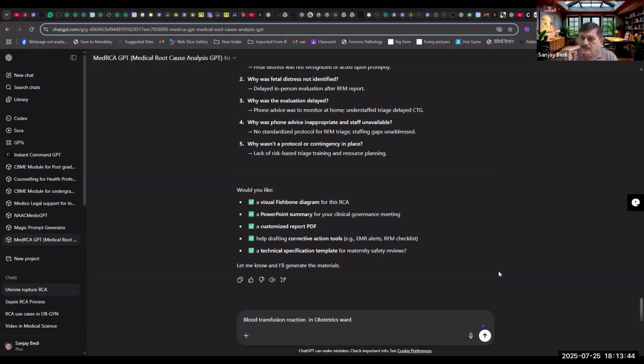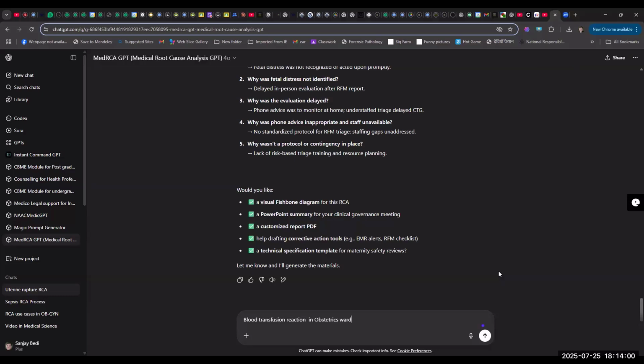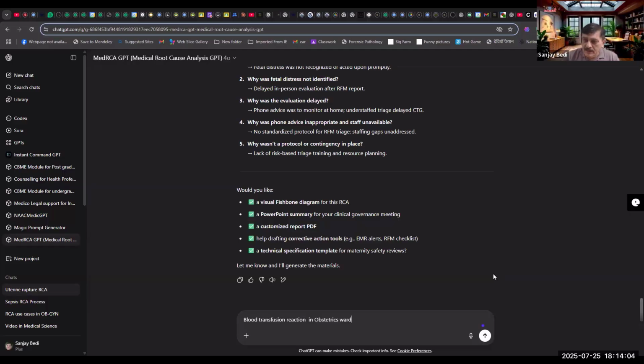Root cause analysis is a tool which is already there. I attended a workshop on root cause analysis 10 years ago in Maulana Azad Medical College by their medical education unit. It's a standard, and artificial intelligence is something new. What we have done is compile the RCA tools into artificial intelligence.